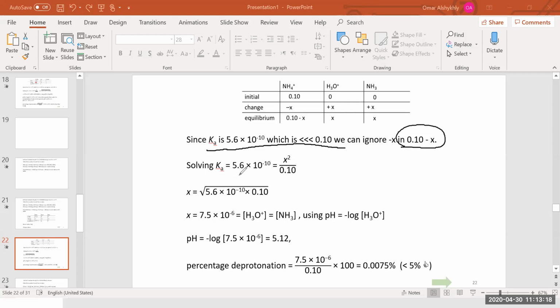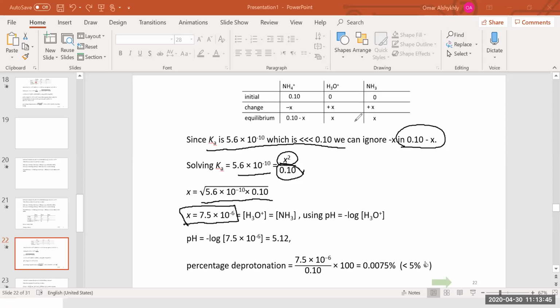So the Ka, it is 5.6 times 10 to negative 10, equal x squared divided by 0.1. Now x will equal the square root of 5.6 times 10 to negative 10 times 0.1. X will equal this amount, 7.5 times 10 to negative 6.